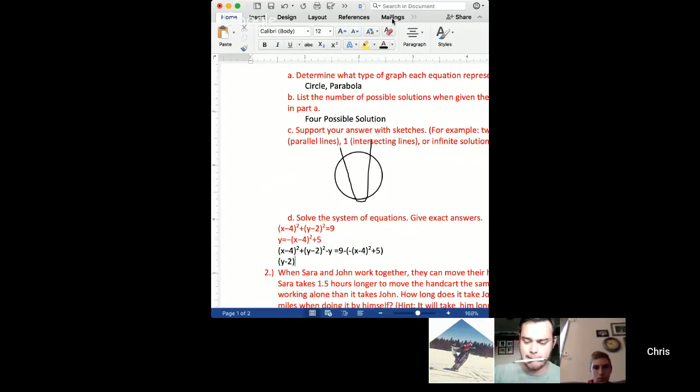So that's the circle. So I need the square. And so if I put in, maximum is 4 and 5.